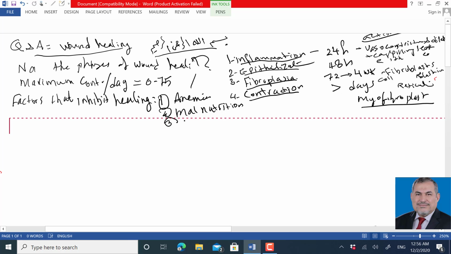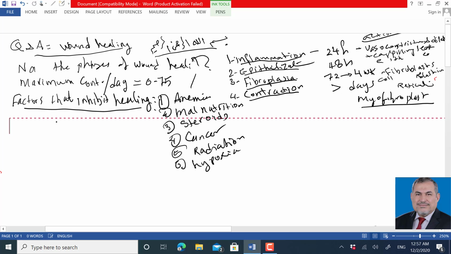Third, drugs, steroids like hydrocortisone, for example, prednisolone. 4, cancer. 5, exposure to radiation. 6, hypoxia in the wound area. All these lead to inhibition of wound healing.